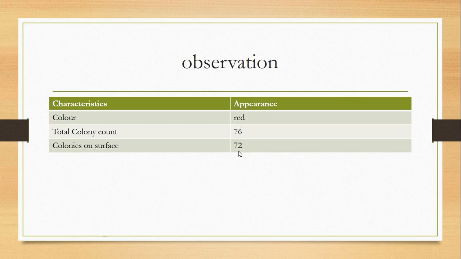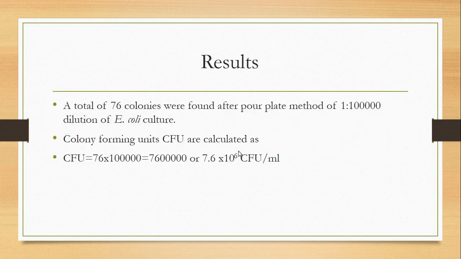Next, there is a need to tabulate the results. A total of 76 colonies were formed after the pour plate method of 1:1 lakh dilution of E. coli culture, and further interpretation is based on the CFU, the colony forming units. 76 multiplied by 1 lakh is equal to 76 lakh, or 7.6 times 10 raised to the power 6 CFU per ml.